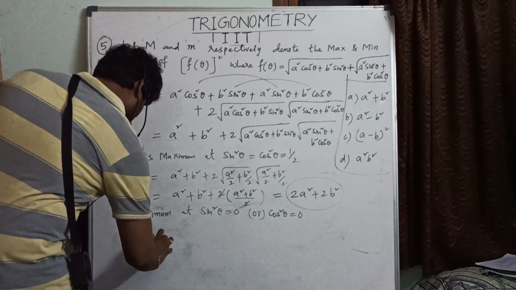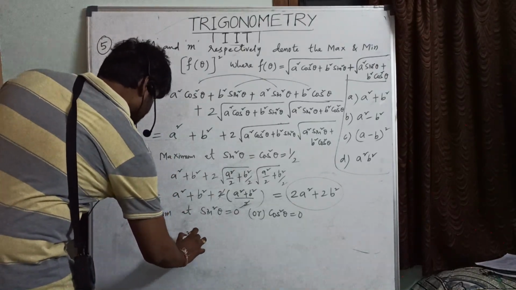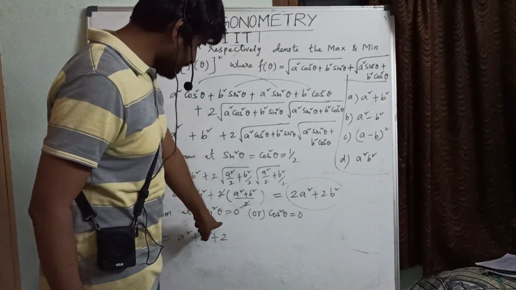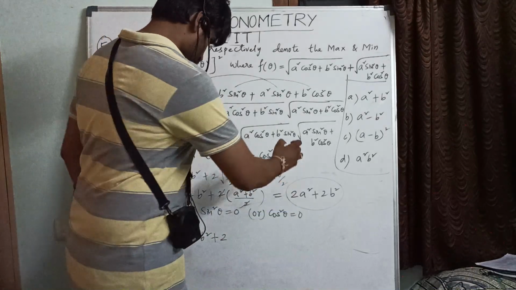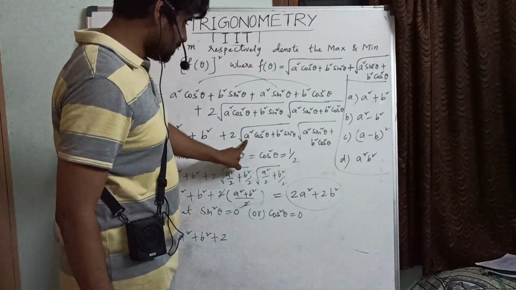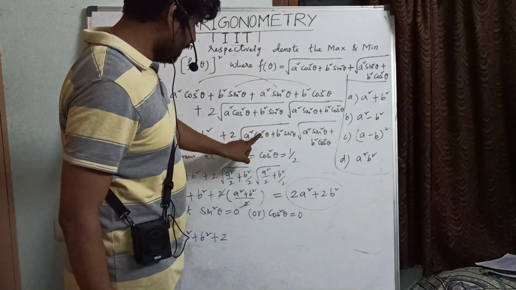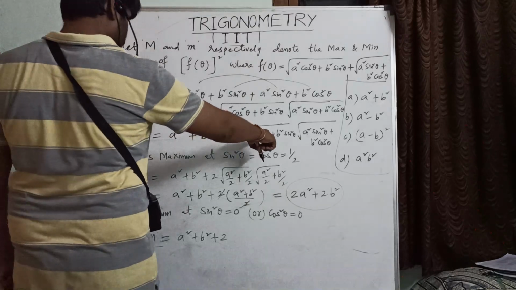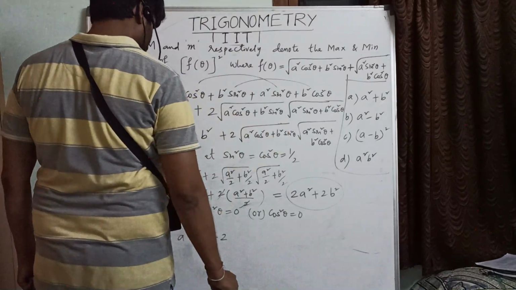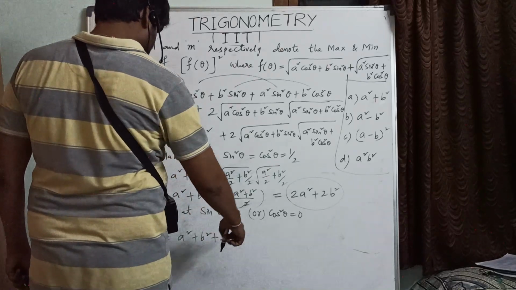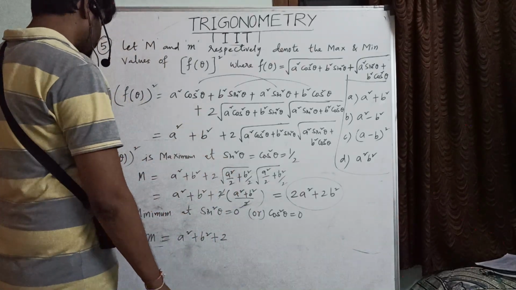Minimum value, small m, equals a square plus b square plus 2 into, I am making sin square 0 suppose. So this will become 0, this will become 0. Here a square into, here cos square theta 0, sin square theta 0. So by that what will you get? From this a square plus b square.